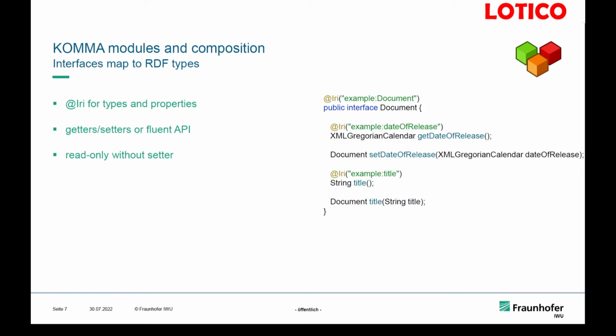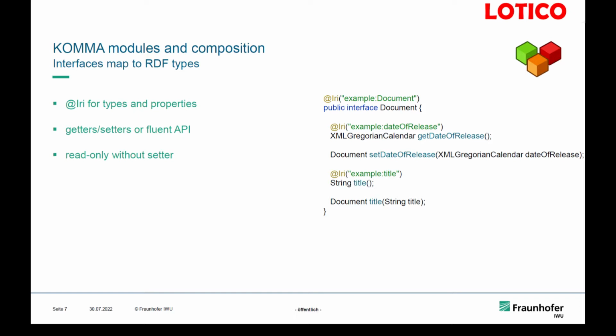The next layer is the KOMMA modules and composition layer. It actually maps interfaces to RDF types. On the right side, you see a small excerpt of such a mapped interface. This is taken from our examples. It represents a document, and this document has two properties or two attributes, the date of release and the title.